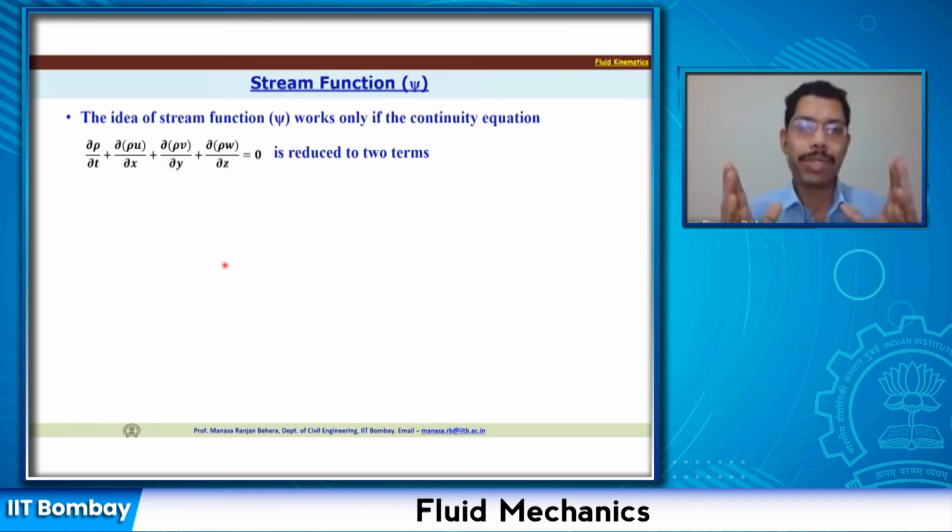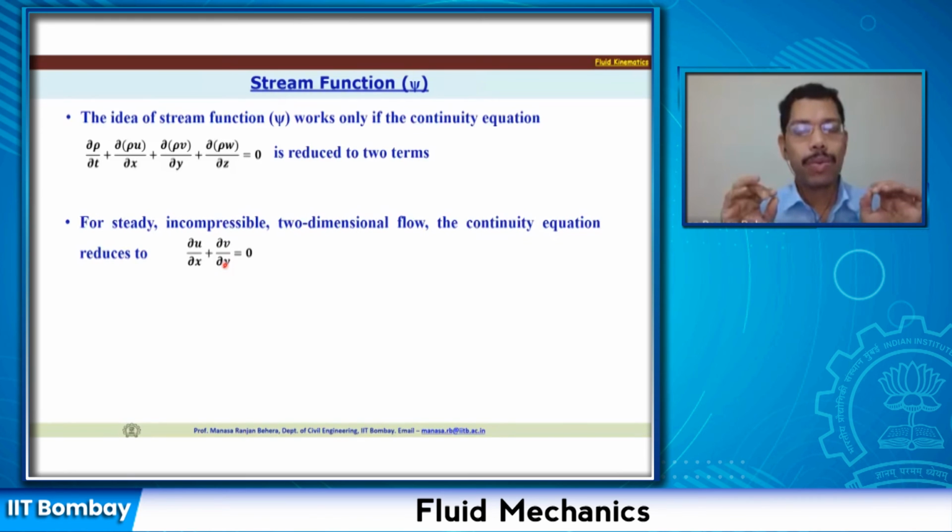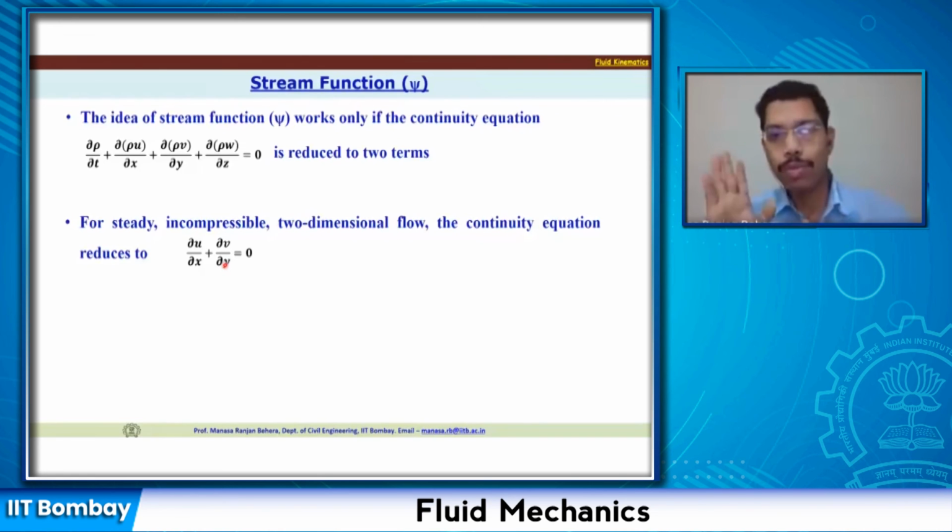So there are three terms. Now, if I reduce one dimension and take only 2D, then it will become two terms. So this stream function, when the flow is steady, incompressible, and two-dimensional, the continuity equation reduces to two terms: dou u by dou x plus dou v by dou y.